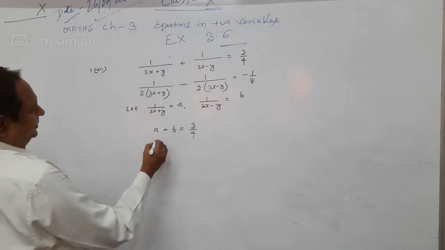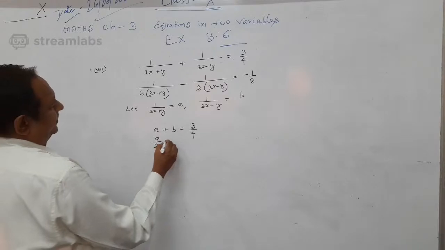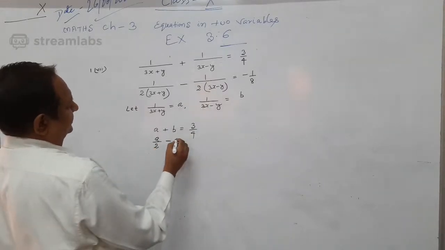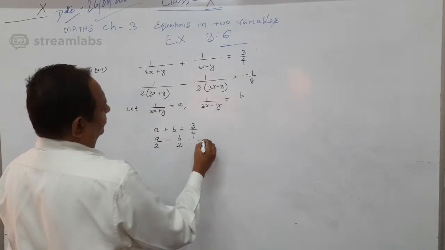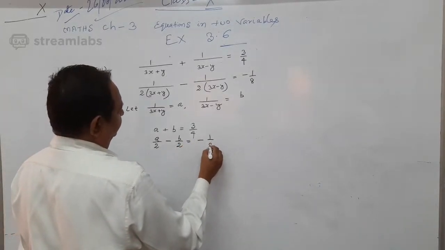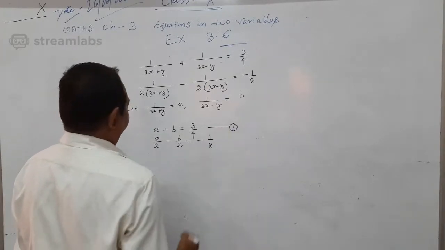Second equation, that is a by 2 minus b by 2 is equal to minus 1 by 8. Say this is equation number 1.